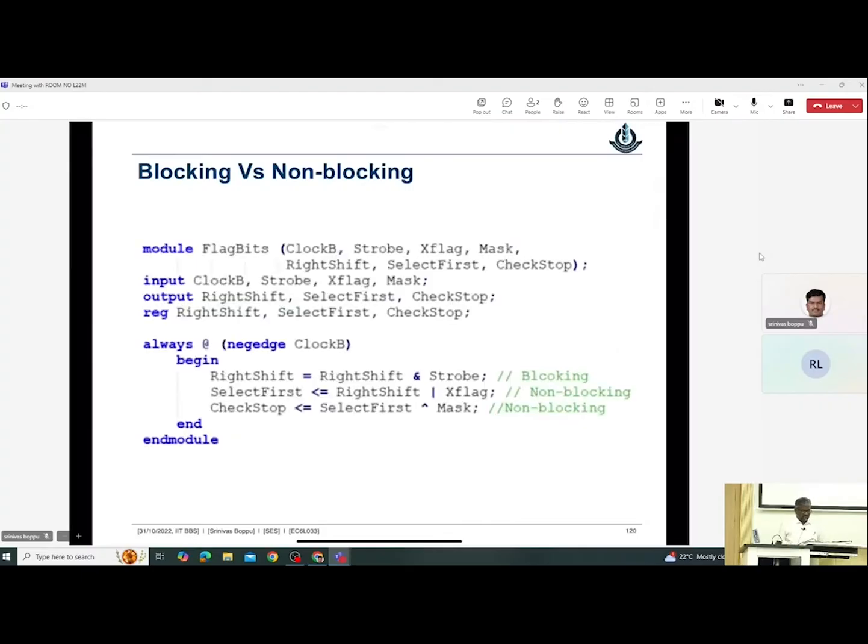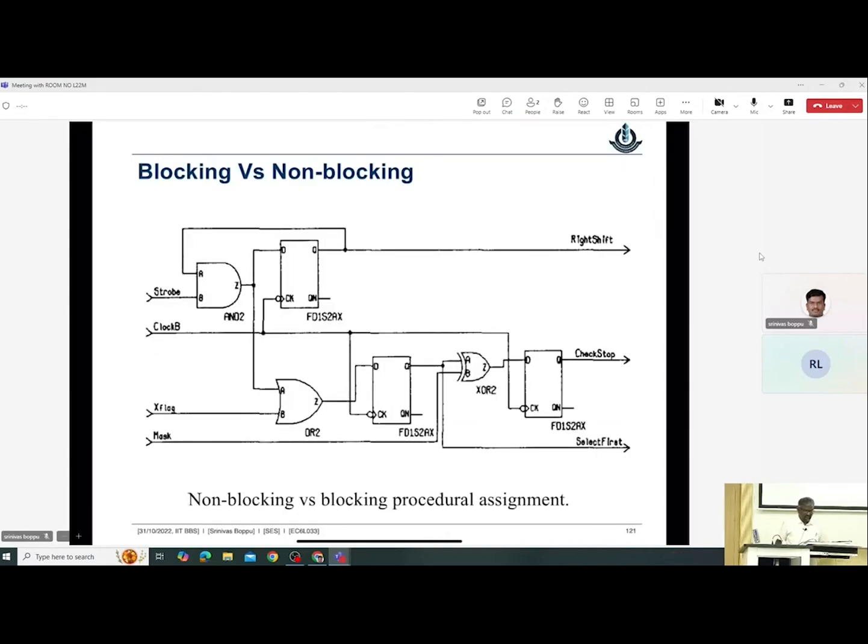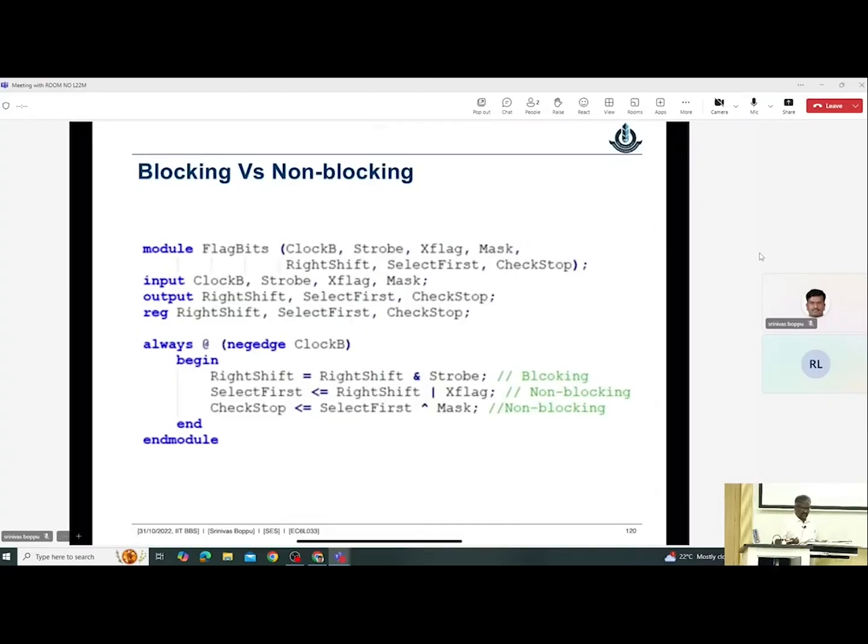Now for the select first, you are reading the right shift. Which right shift are you taking? What the semantic says is that because this statement is executing after the blocking statement, even though the non-blocking is there, they have to execute after executing the blocking statement.